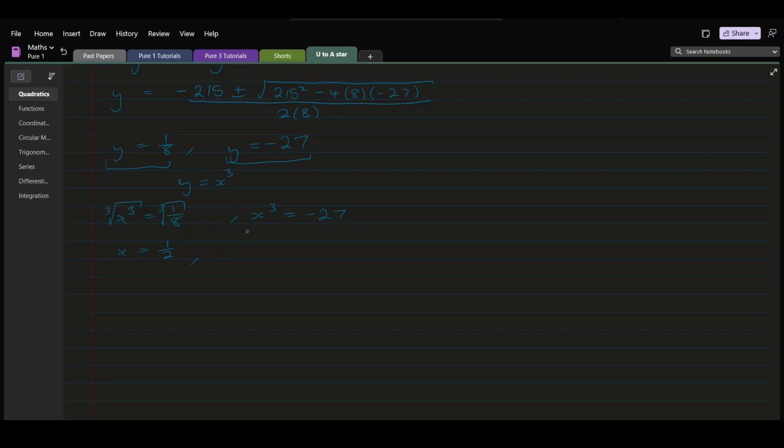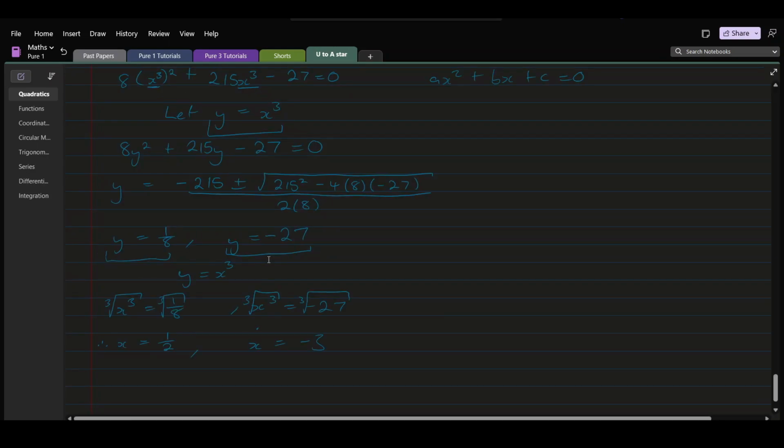And then if we do the same for this equation, the third root of x cubed, the third root of negative 27, if you punch that into your calculator, that gives you negative 3. And this would be our final answer: x is equal to 1 over 2 and x is equal to negative 3.